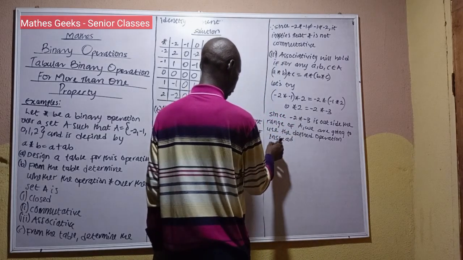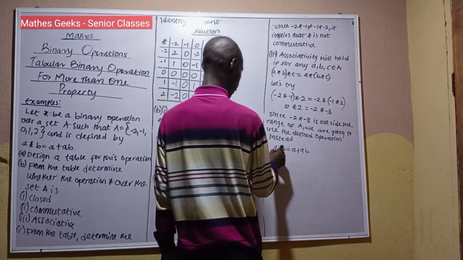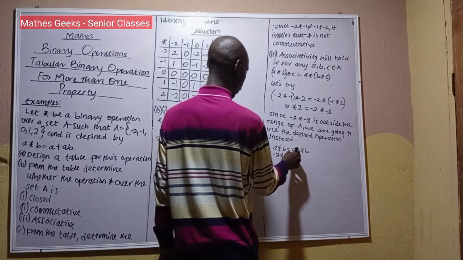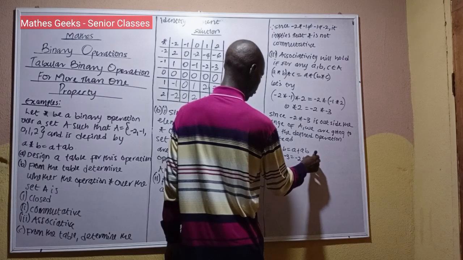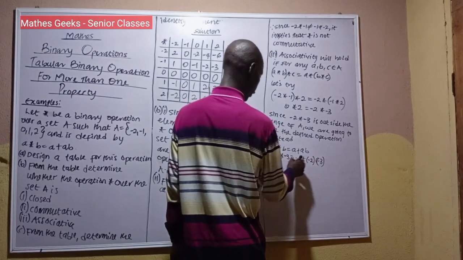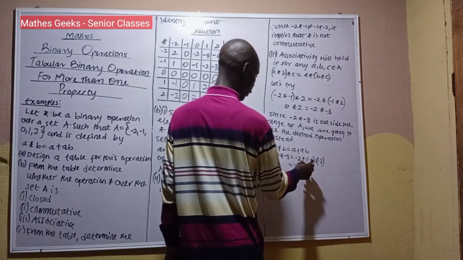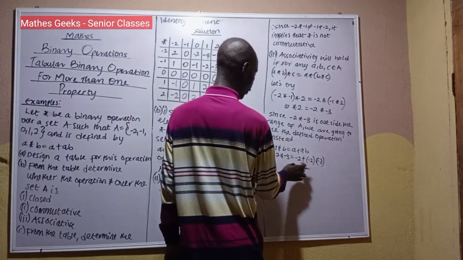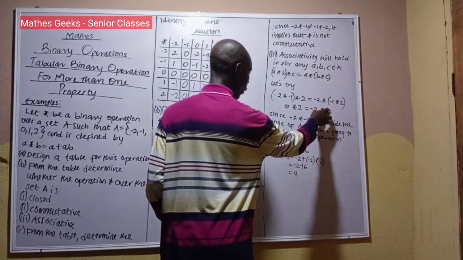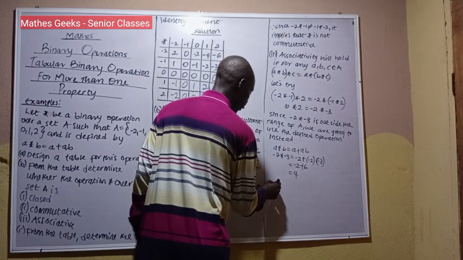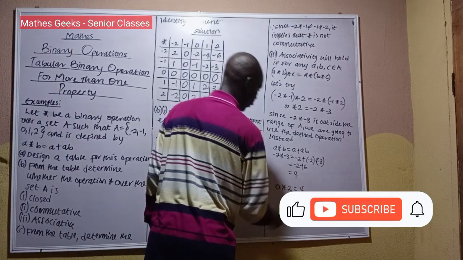So our defined operation is A star B equals A plus B plus AB. -2 star -3: here A is -2, B is -3, so -2 plus -3 plus (-2 times -3). -2 times -3 will give us +6. -2 plus -3 is -5, and -5 plus 6 will give us 1. So -2 star (-1 star 2) is equal to that result.